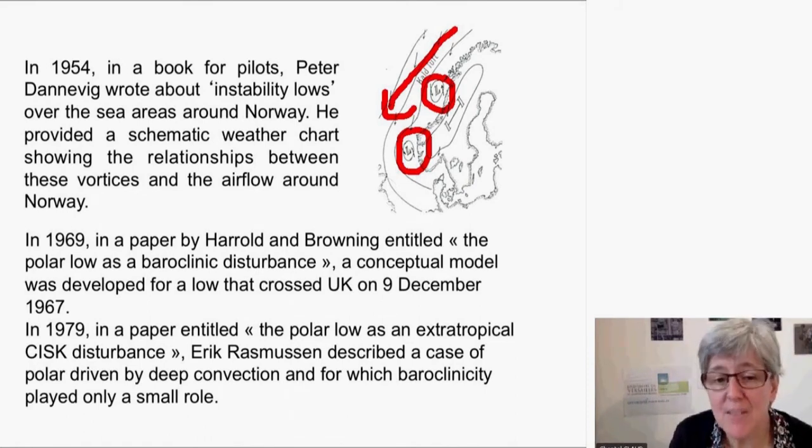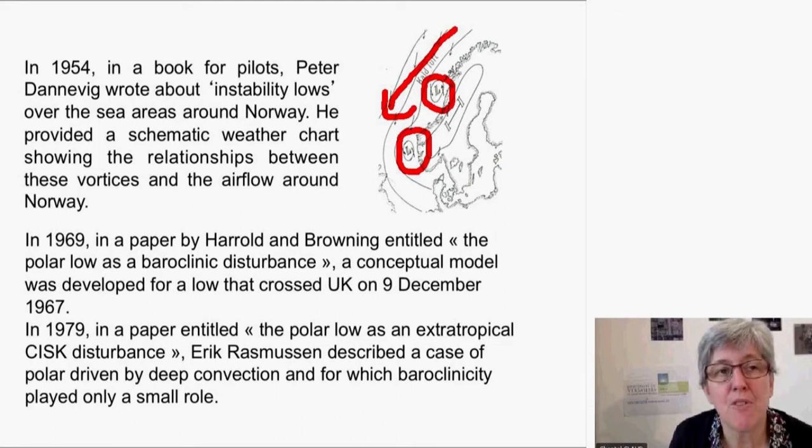And then he developed a theory which was pretty different, I mean, pretty innovative as well, for explaining polar lows. And then after that, satellite imagery appeared, and it was finally realized that such systems can form quite often.